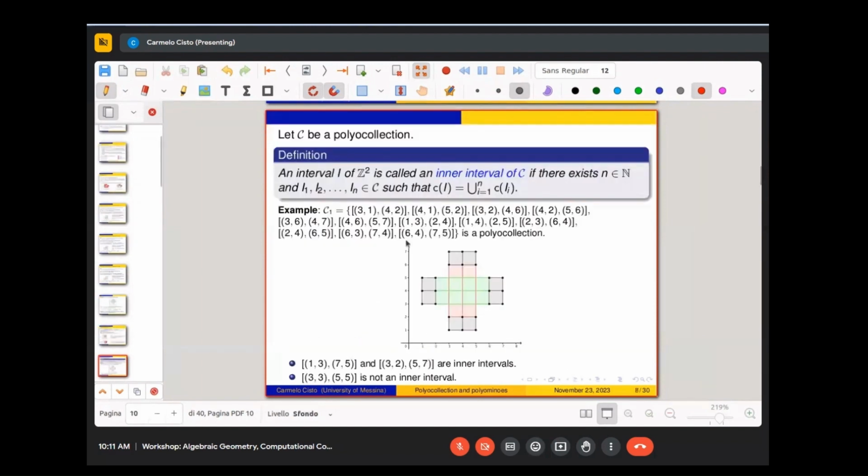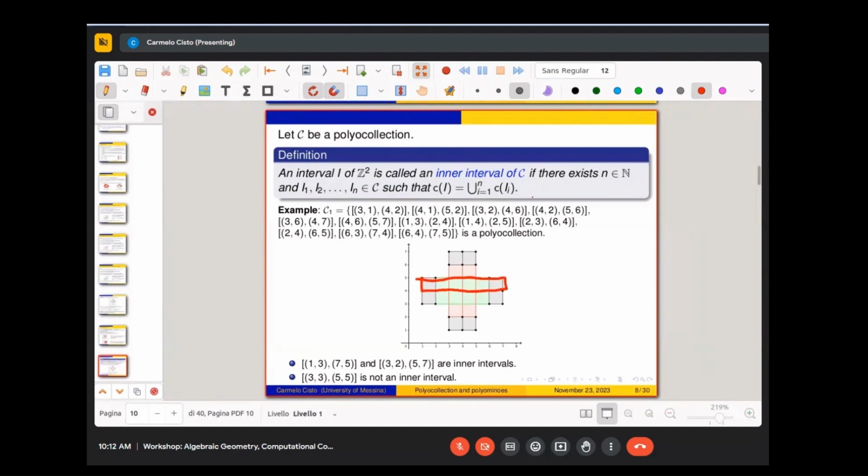Okay, now introducing a polyomino collection, we want to generalize also the definition of inner interval. For a polyomino collection, we define an inner interval such that its closure is the union of closures of intervals belonging to the collection. We can see in the figure, for instance, we can consider this interval.